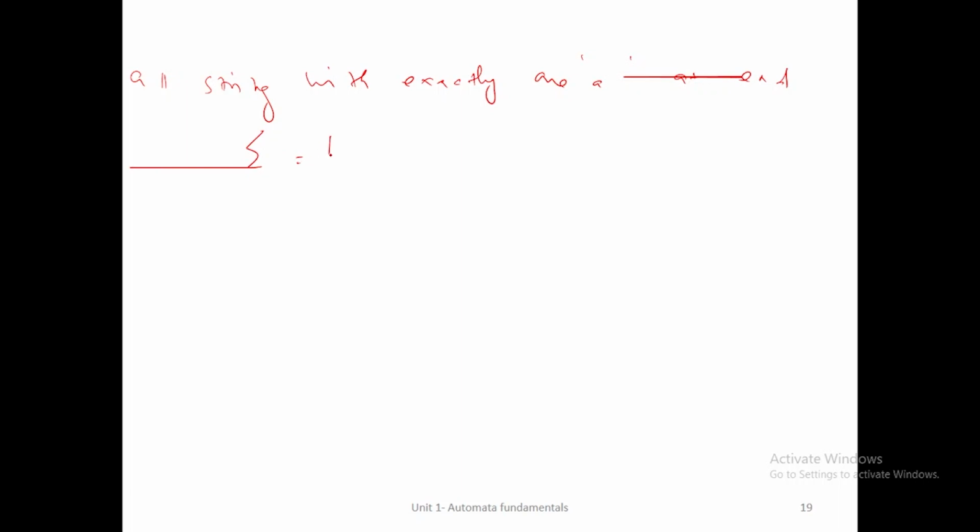They are giving sigma equal to AB. The condition for framing the language L is that all strings should contain the letter A at the end.